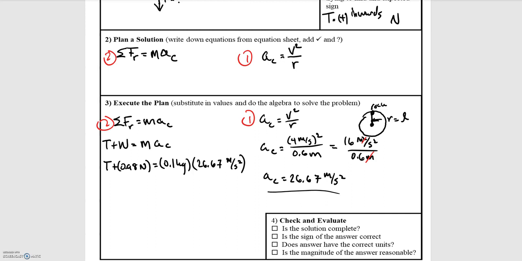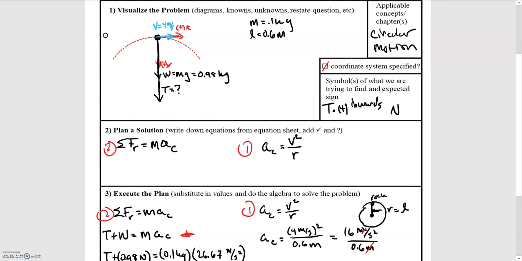We sum the forces. Should the tension and the weight force be negative since they're pointed downwards? This is where you want to ask yourself that question, this spot right here. You want to go back up to your free body diagram and see what coordinate system you chose. We pointed downwards, or towards the center of the circle, as positive.